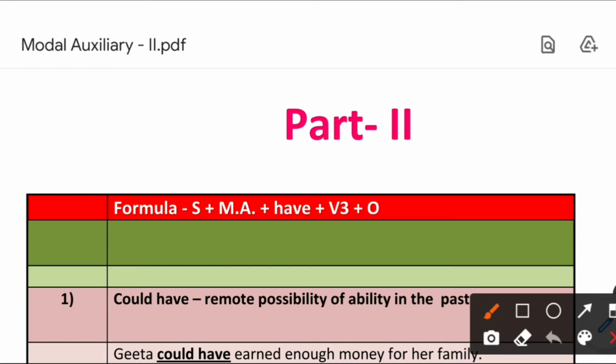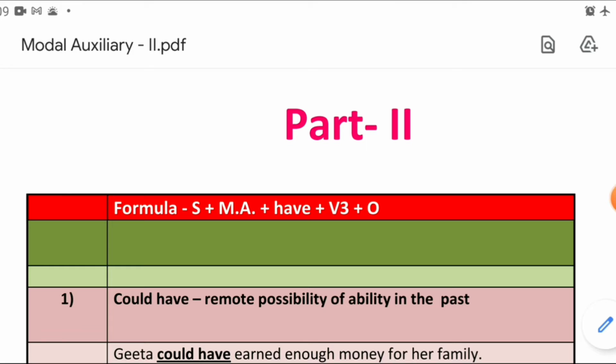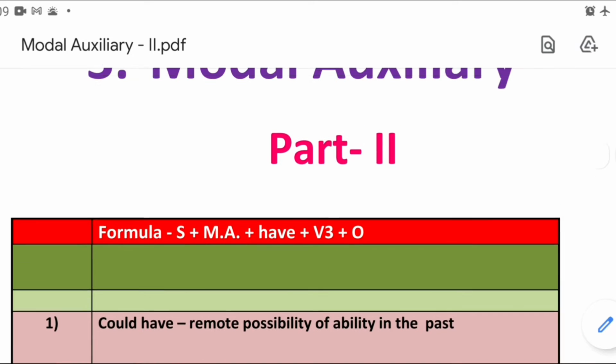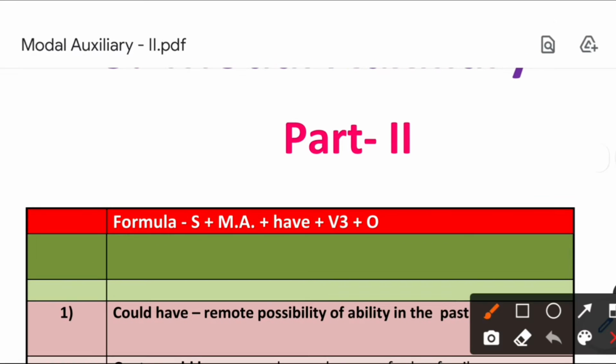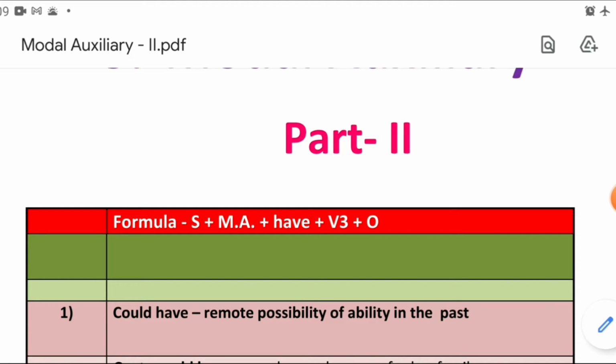Now remember, today we are going to apply have after every modal auxiliary verb. So could, then have, and whenever there is have after that modal auxiliary verb, then v3 is compulsory. Verb third form is mandatory. Verb third form means done, given, stolen, such things.